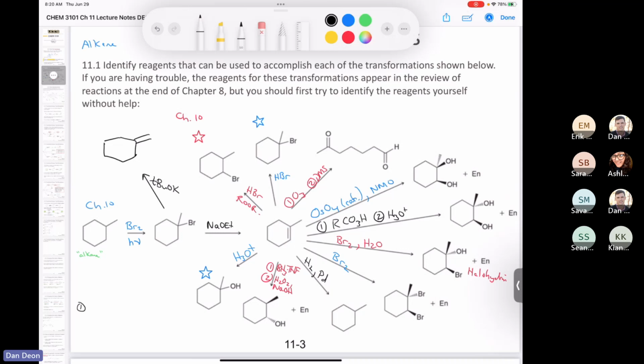And so you should know the conditions for oxymercuration, demercuration. So that's mercuric acetate in water in the first step. And then the second step is sodium borohydride. So that's a Markovnikov addition of water, but we're avoiding a carbocation rearrangement. All right, I think that's the only one that's not shown in here.